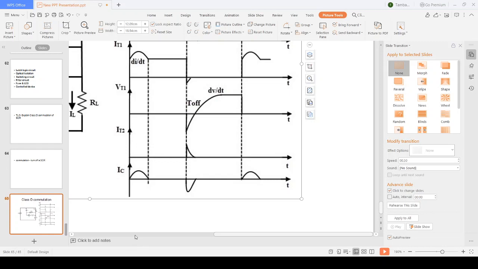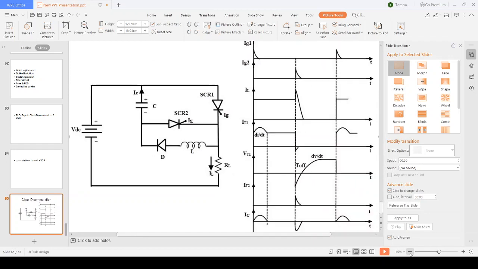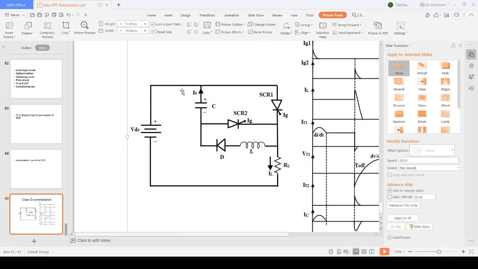Now the operation of this class D commutation circuit is divided into different modes. The main thyristor SCR1 is triggered at instant t equal to 0.